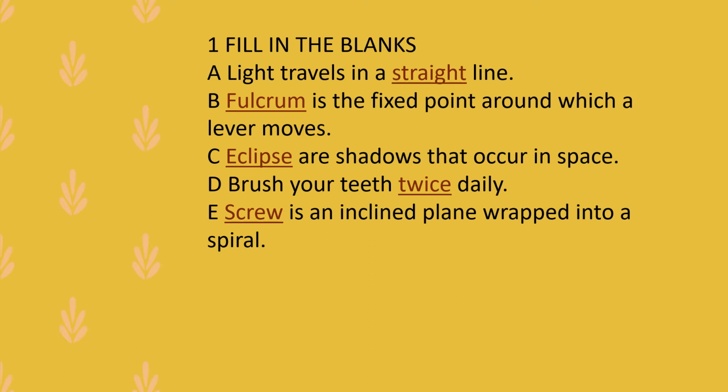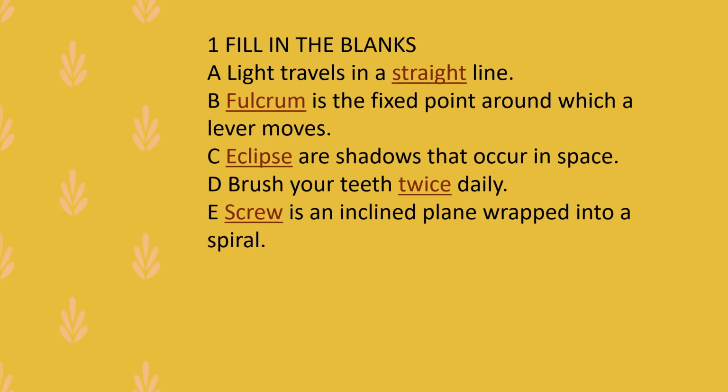Next is E, dash is an inclined plane wrapped into a spiral. The answer is screw. Screw is an inclined plane wrapped into a spiral. Children, what is an inclined plane?